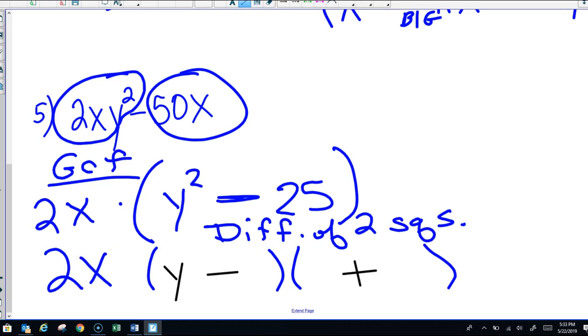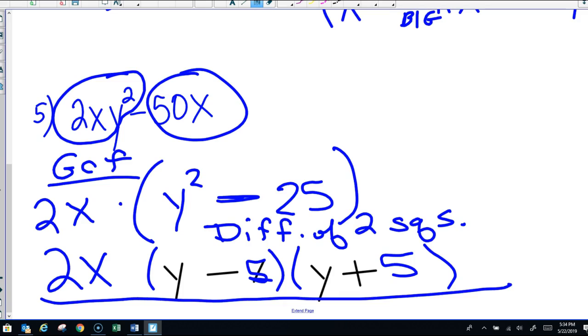The square root of y squared would be in the front of both of them. The square root of 25 would be in the back of each one. Okay. So 2x times y minus 5 times y plus 5 would be your final completely factored problem.